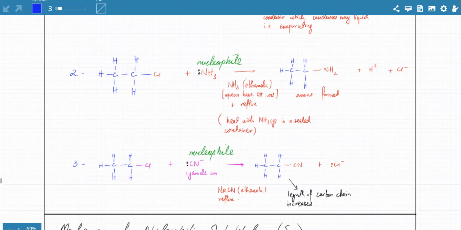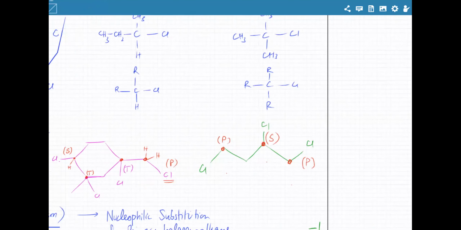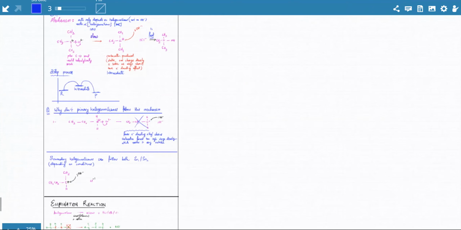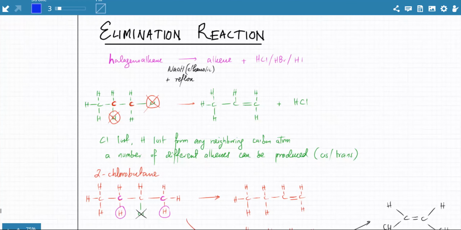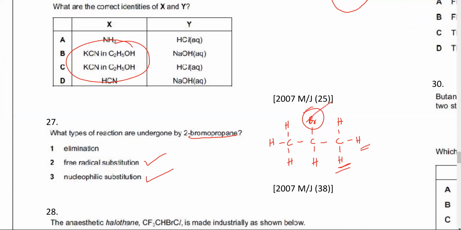This was also for halagenoalkanes कि उसमें what would happen in elimination was that halogen would be removed अगर NaOH ethanolic use किया reflux. तो halogen remove होगा, साथ वाले से H remove होगा, alkene बन जाएगा. तो वही कुछ इसके अंदर होगा, जिसका Br जाएगा और साथ वाले से H जाएगा और ये बीच में डबल बॉन्ड आ जाएगा. It would form an alkene and it's going to be called elimination reaction.